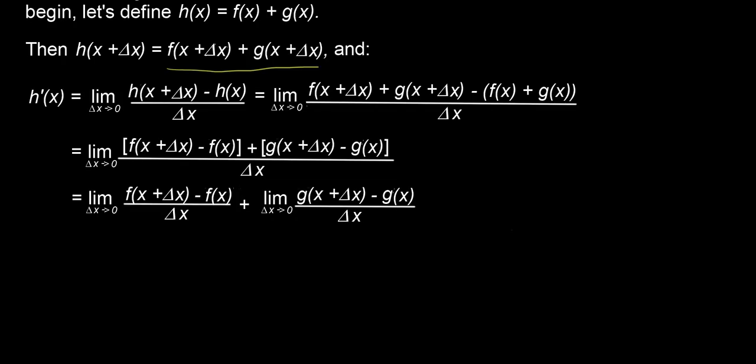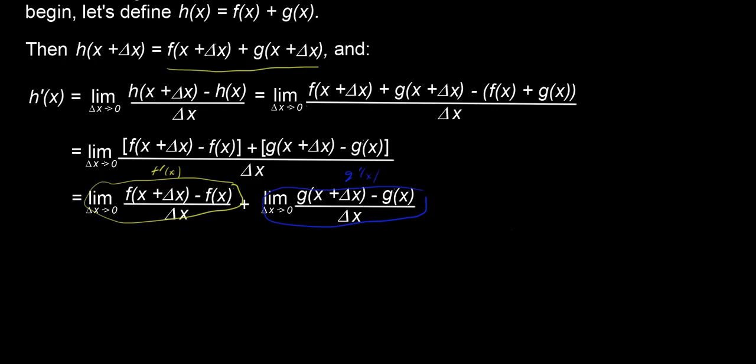Again, we might recognize each one of these limits. The first one would just be f prime of x, and the second one would just be g prime of x.